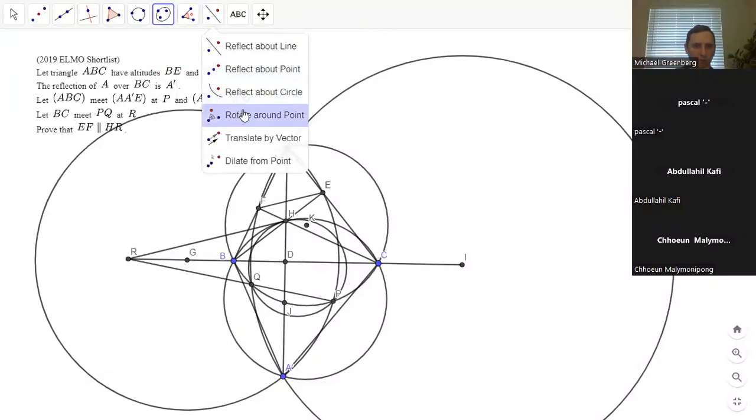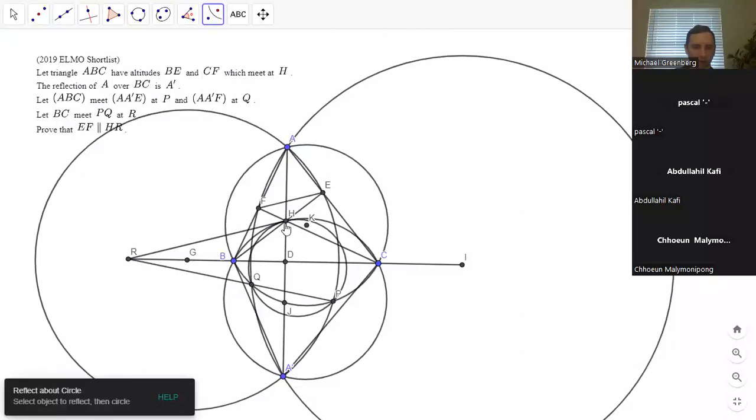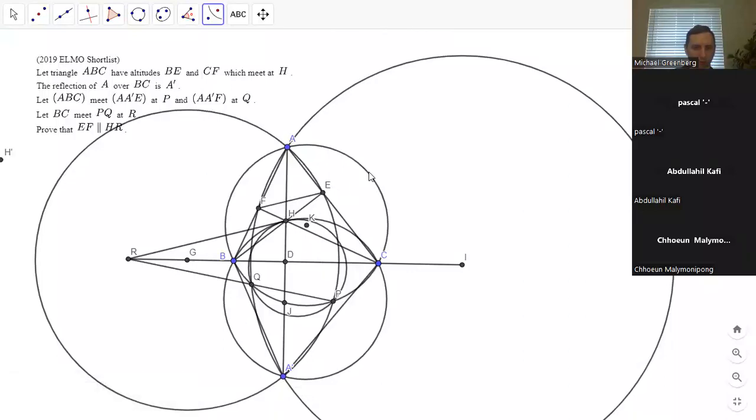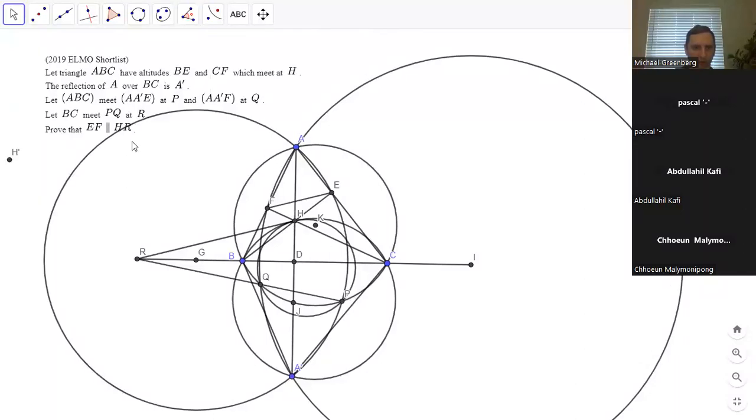So H would go to H prime all the way over there, and P and Q would stay the same.